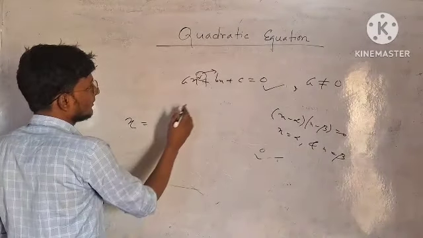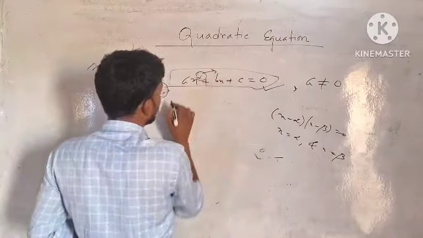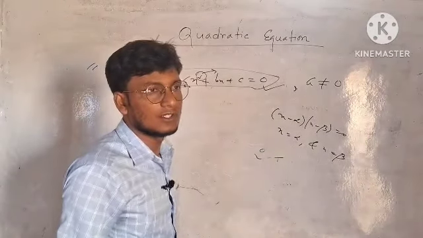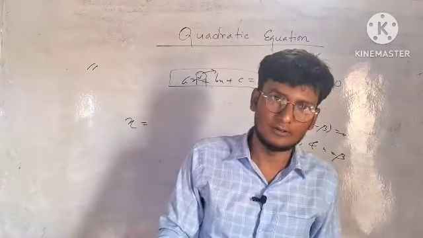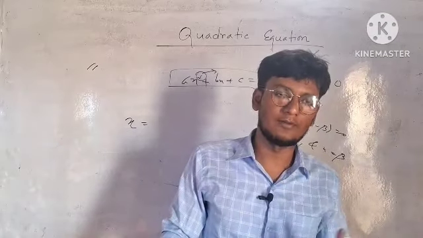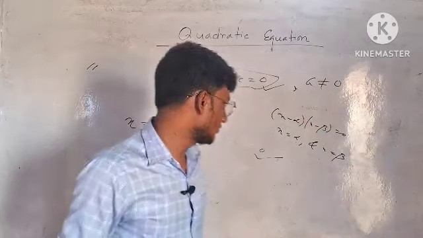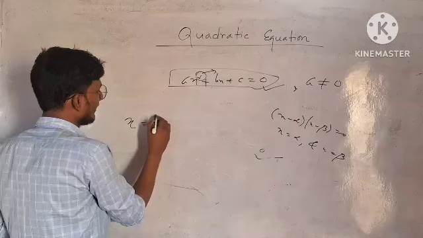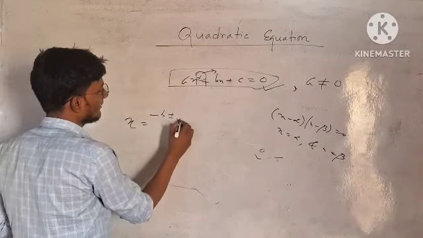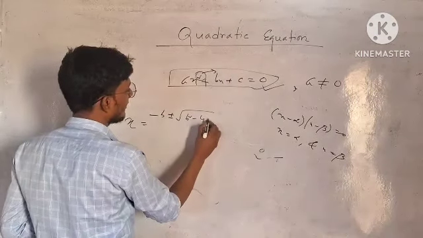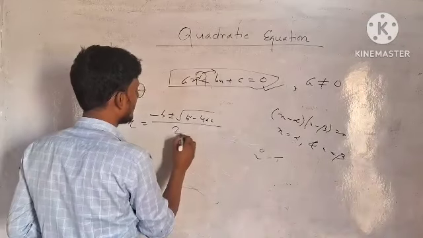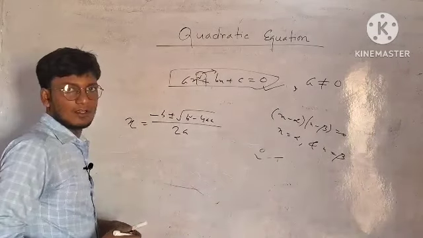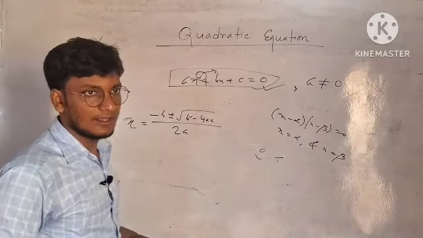Without doing any middle factor we can find out the roots: x equal to minus b plus minus root over b square minus 4ac, by 2a. That is the formula.